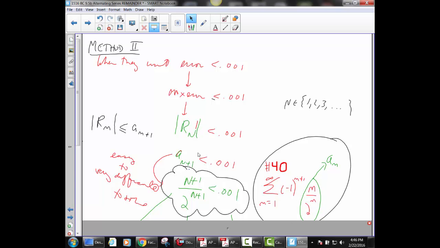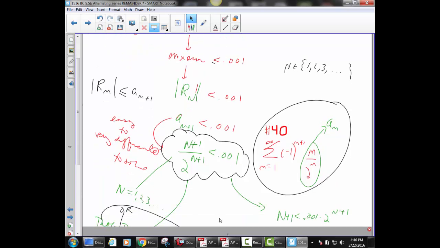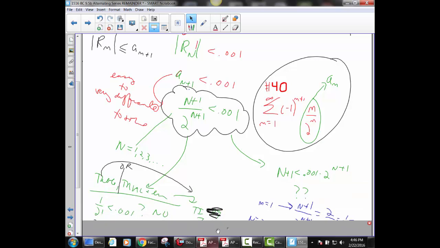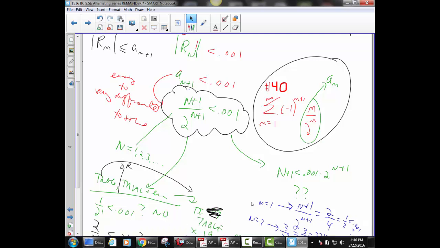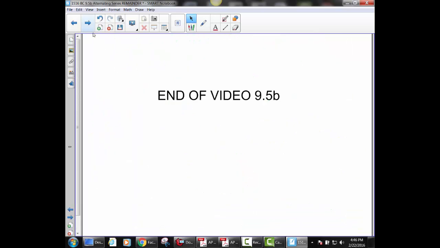So therefore, the n plus first term will be n plus 1 over 2 to the n plus 1, and we want that to be less than 0.001. So you can solve that on your TI, and you will get n equals 13. And that's the end of video 9.5b.